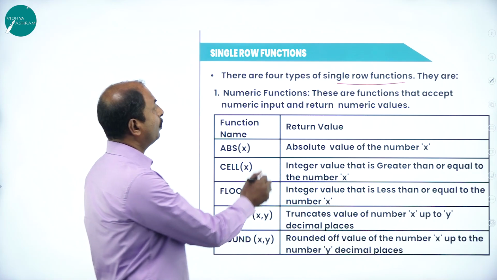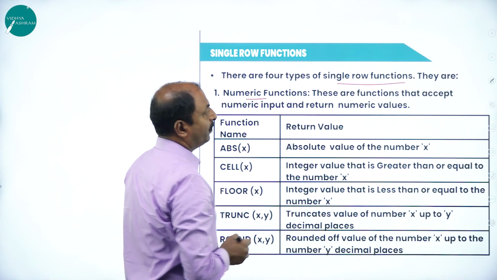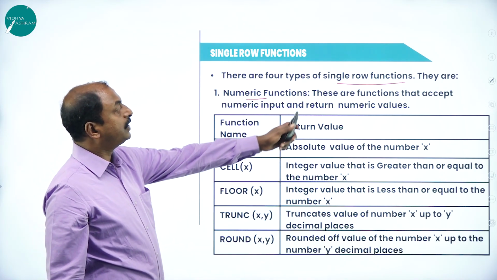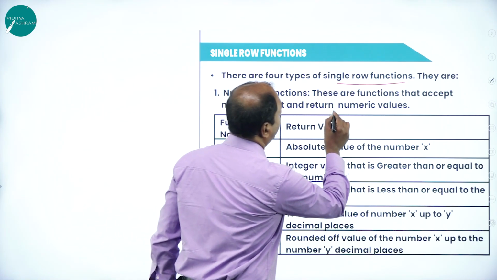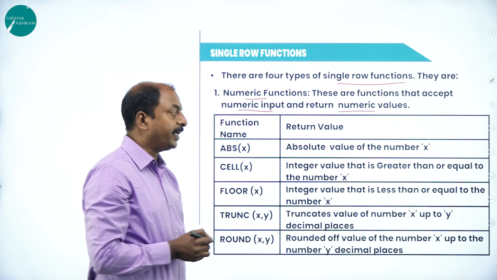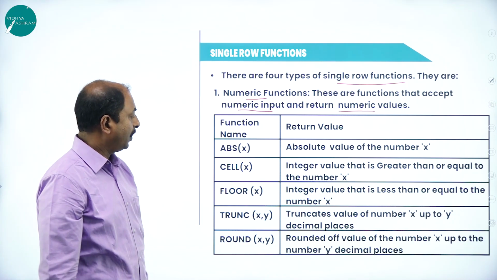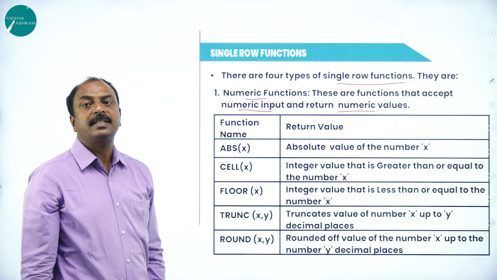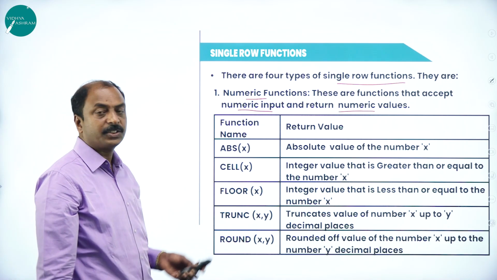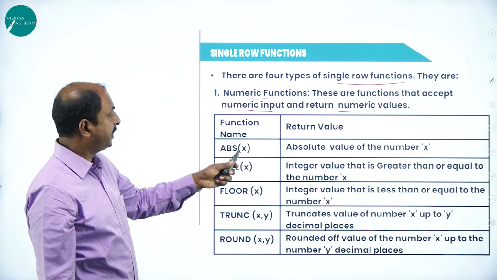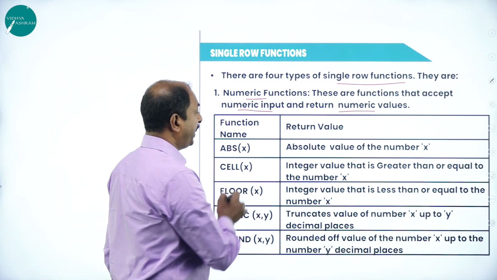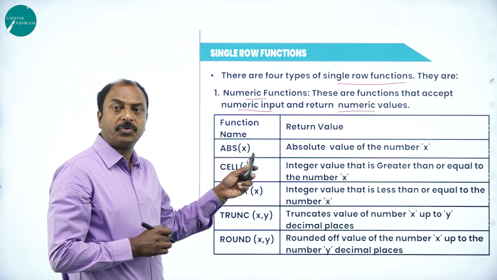They are numeric functions. What are numeric functions? These are functions that accept numeric input and return numeric values. Normally, we have seen these as arithmetic operators or arithmetic functions in C++. One is ABS(X), the absolute value of X, where X is the value we have to input.